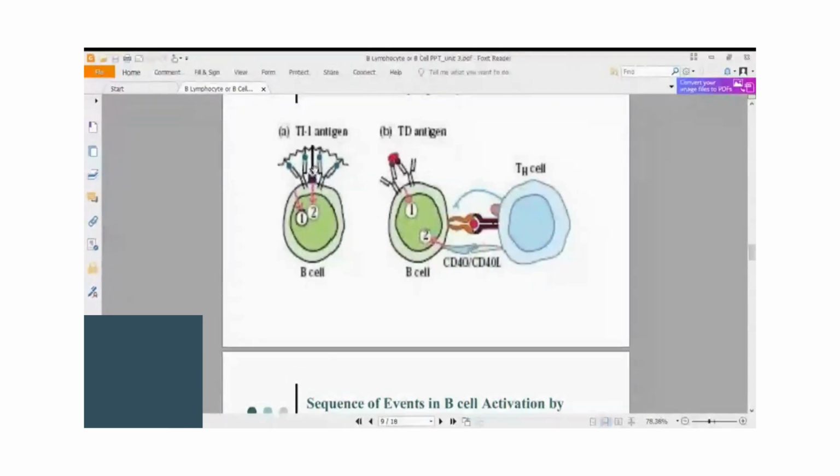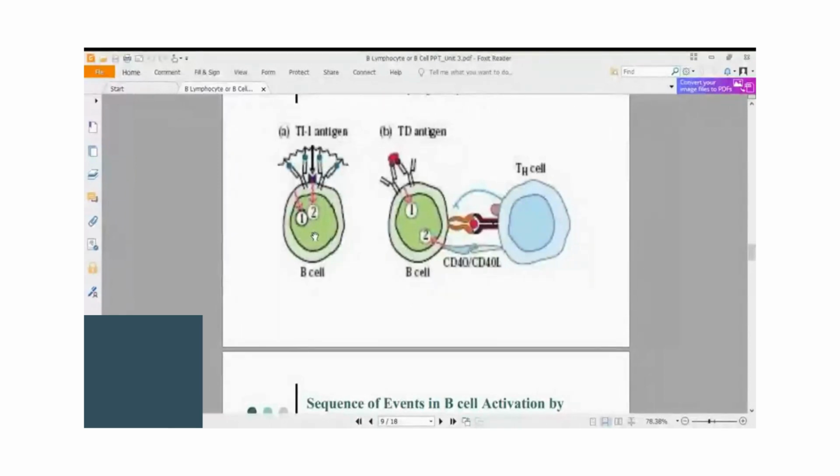In both these processes of the T independent antigen, the B lymphocyte that undergoes activation will produce only one type of antibody, that is immunoglobulin M, and they will never become B memory cells.